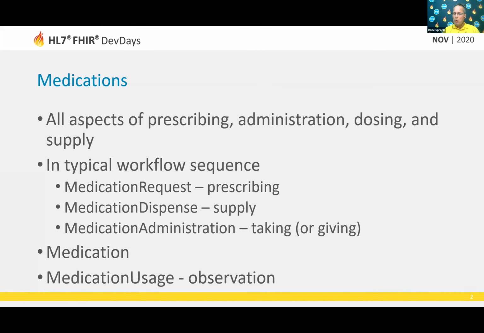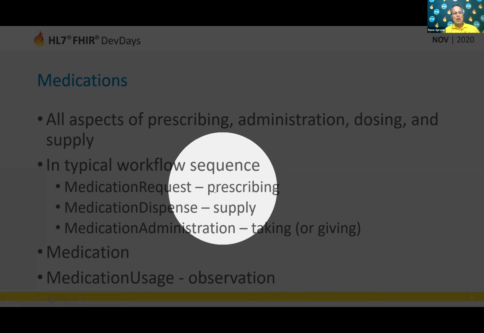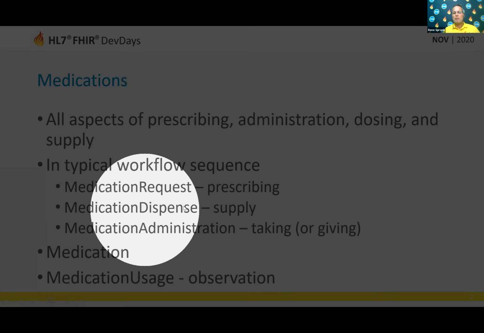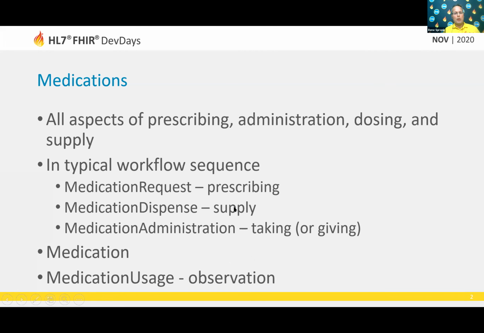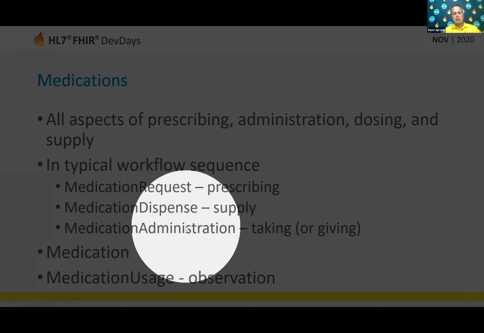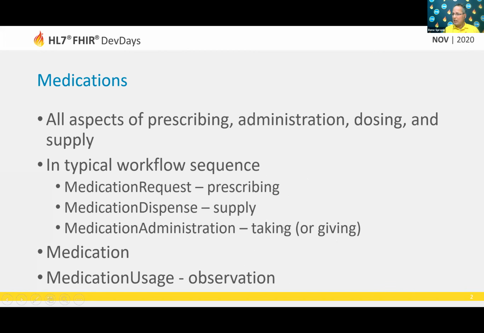And in a typical workflow resource sequence as shown here, we have the medication request, in other words, the prescription. We have the medication dispense, mostly the handing over of the pills or whatever it may be to the patient. And finally, we have the medication administration, and that's to make a record of someone taking or giving a particular drug.